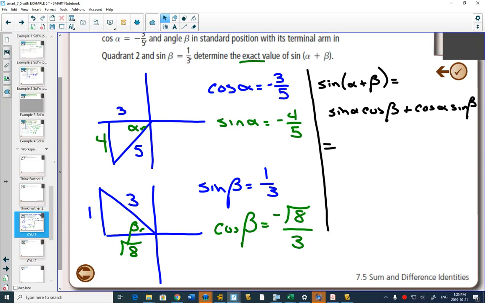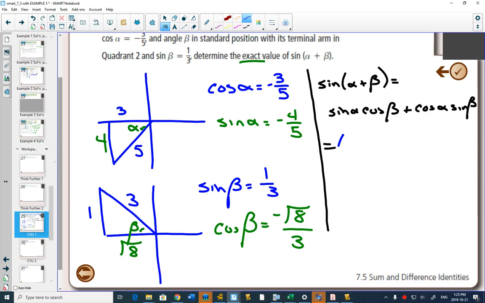When plugging in things here, do we know alpha? Is there anywhere where it says exactly what alpha is? No. But we know what sine of alpha is. So the mistake is that people write sine of -4/5. You don't know alpha. But you know all of sine alpha is -4/5.